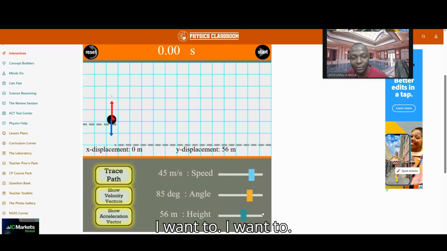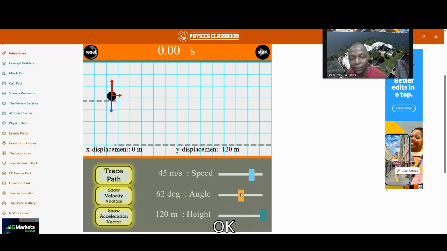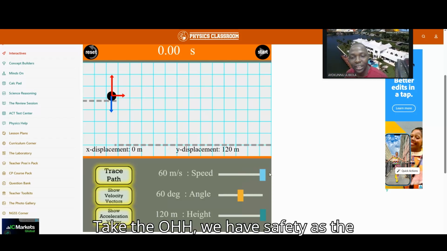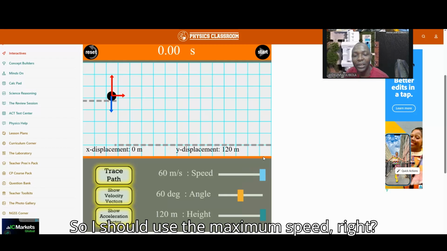Now, the last person, what are your parameters? Height 120. Angle 60. Okay. Speed 90? There's no 90. We have 60 as the maximum here. So I should use the maximum speed, right?